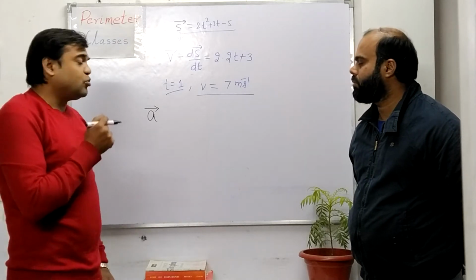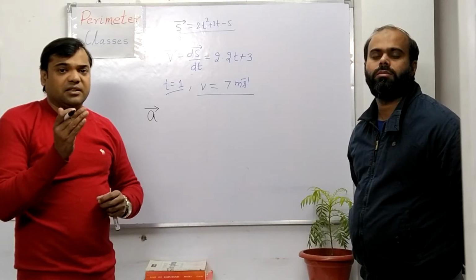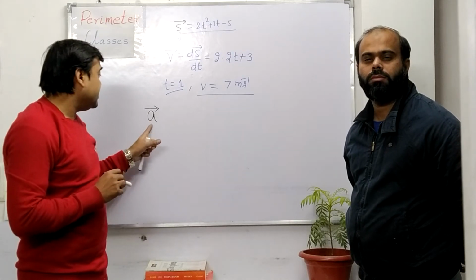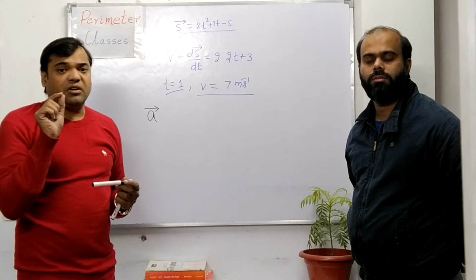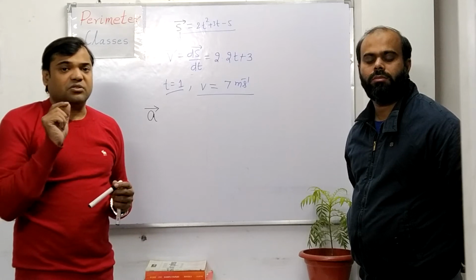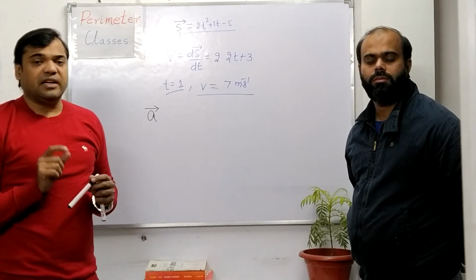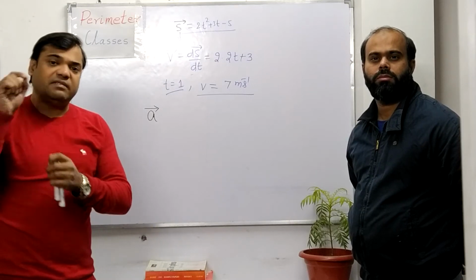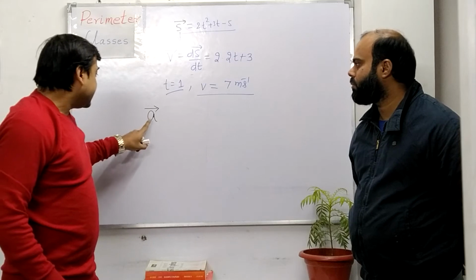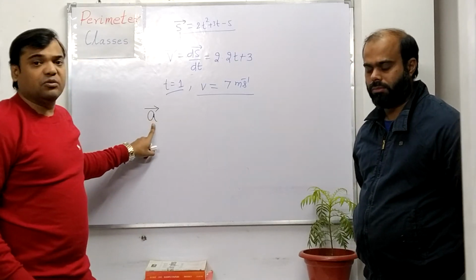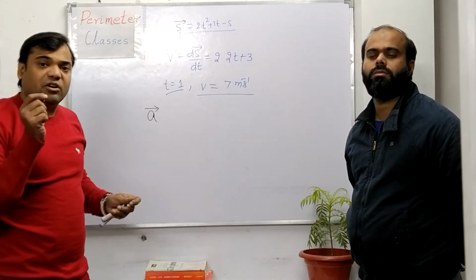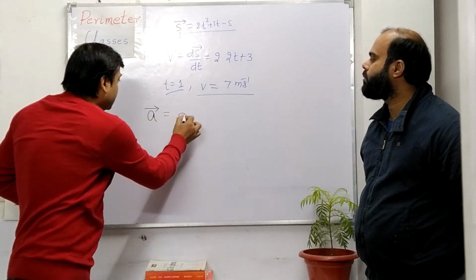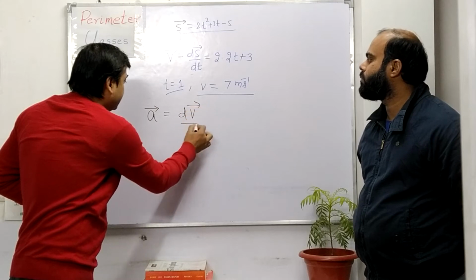Here, when we come to 11th class and apply differentiation, acceleration is defined in two ways. One is called average acceleration and one is called instantaneous acceleration. Average means for a given time interval, instantaneous means at a given time. So instantaneous value of anything can be calculated as the rate of change at that point of time, that is a is equal to dv upon dt.